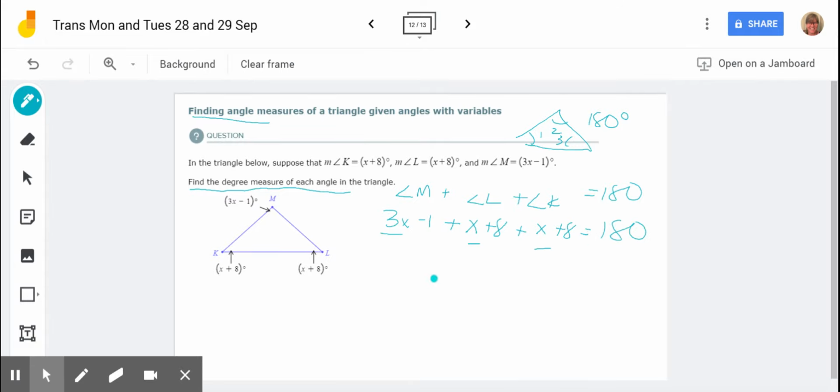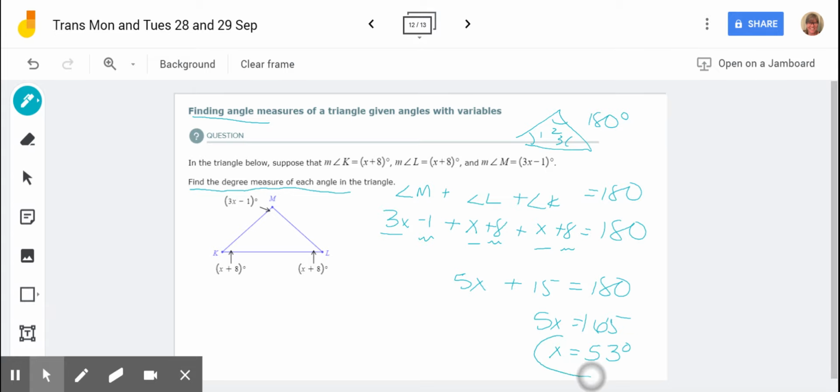Combine like terms: 5x, negative 1 plus 8 plus 8 is 15, plus 15 equals 180. Subtract 15 and you get 5x equals 165.